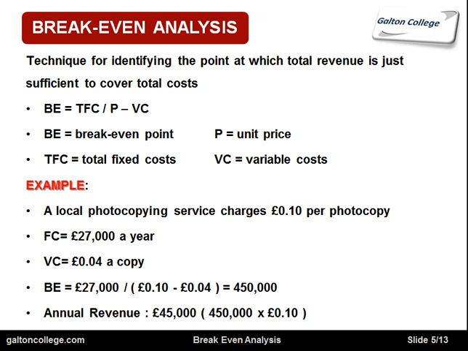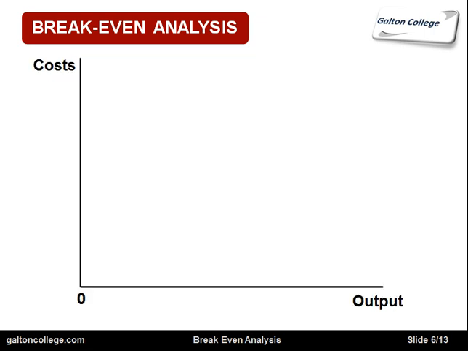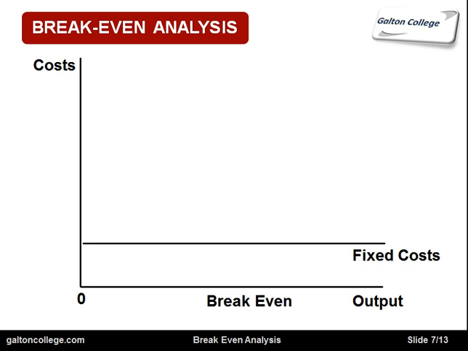We can represent this diagrammatically as well, just to see how it works or what it looks like as a diagram. Let's say we've got costs and output. So on the vertical axis we've got costs. Now if we draw in the fixed costs, say our £27,000, well, it doesn't vary with the level of output. So it doesn't matter if you sell one photocopy or 450,000, it's still the same, it's still fixed cost.